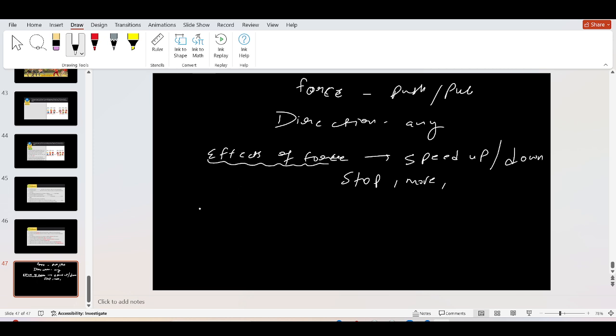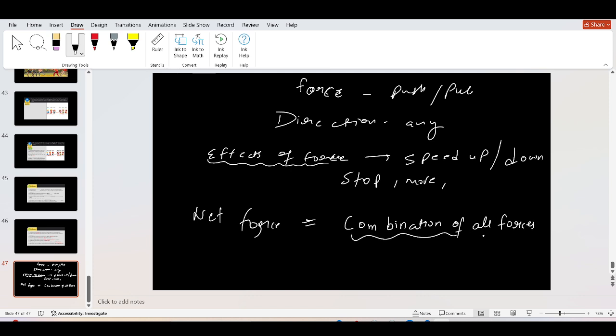What is net force? Net force is a combination of all forces that are being applied on an object, right? Okay, good. When do we add forces?